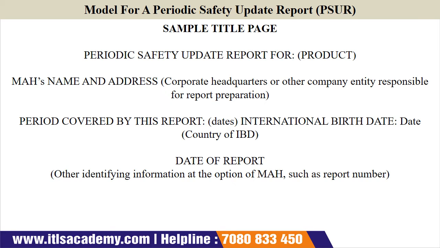After that comes the period covered by this report, that is the dates, the international birth date, and then the date of report, on which particular date that report has been prepared. Other identifying information at the option of the MAH, such as a report number, can also be included in the PSUR. So this is a sample title page.